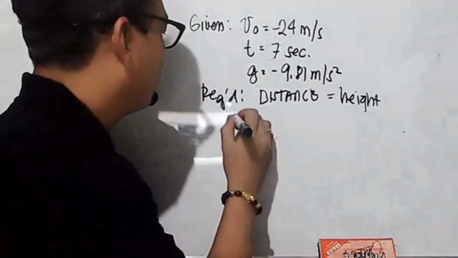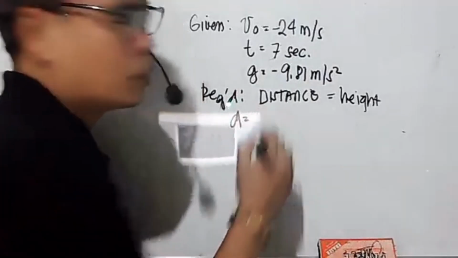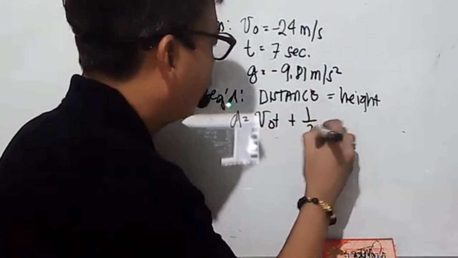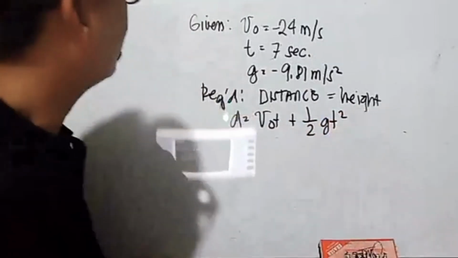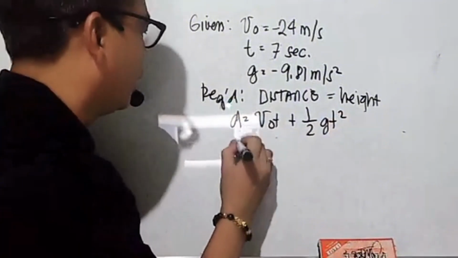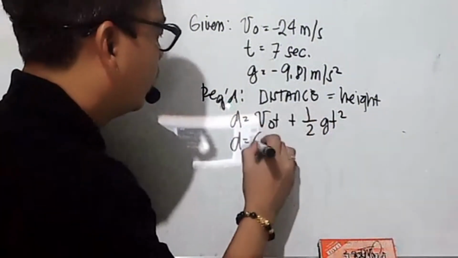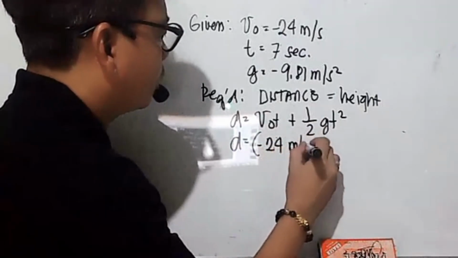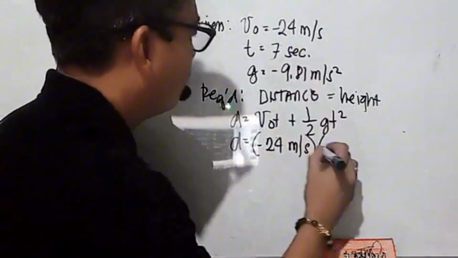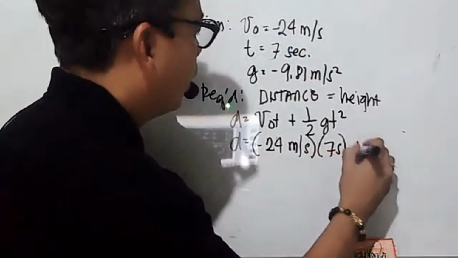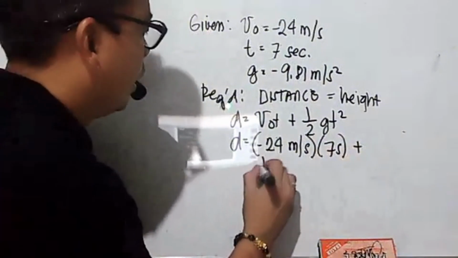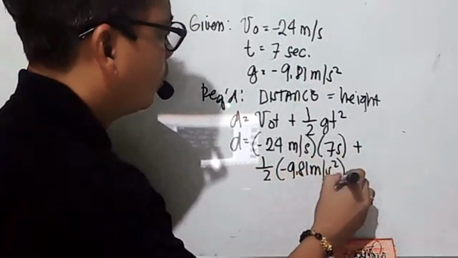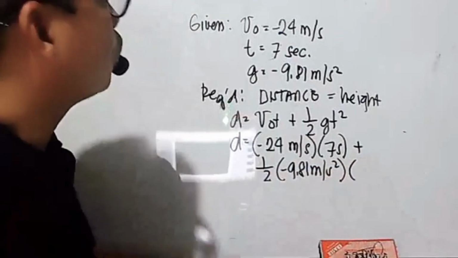So the distance, d, is equal to your initial velocity, v0 t, plus 1/2 g t squared. Now, this time may value ka na for your initial velocity, not like before, which is equal to 0. So this is negative 24 meters per second multiplied by your time, 7 seconds, plus 1/2 times your g, which is negative 9.81 meters per second squared, multiplied by your time squared.